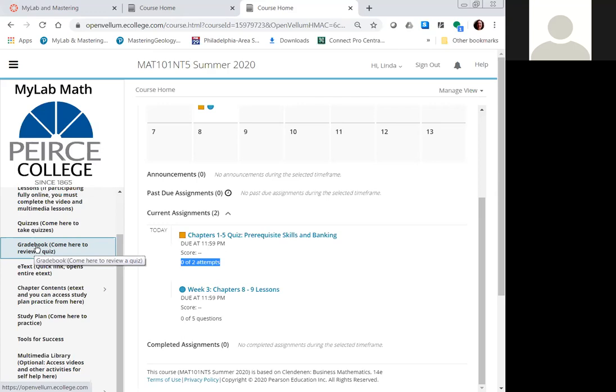So if there's a little red corner on something, then that means you got it incorrect. And you just click on it or hover your mouse over it for it to show you what you answered. There is a help me solve feature, so you can click through step-by-step solutions and learn and practice. And then you get to give the quiz a second try for a better grade.